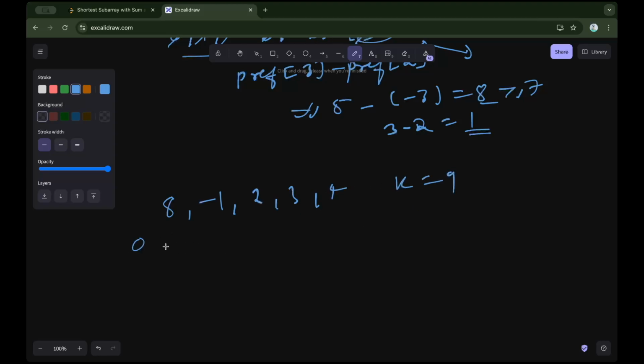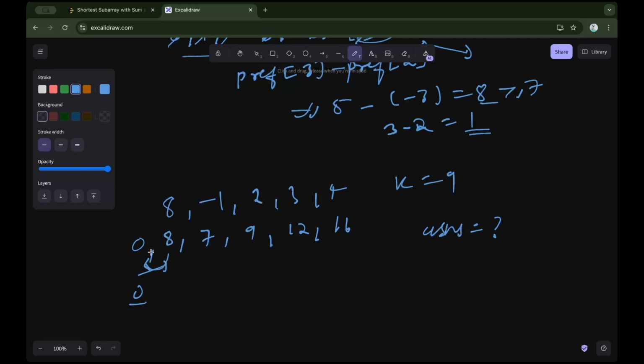So write a prefix for this one. Prefix on 1, 7, 9, 12, and this is 16, right? So initially we have 0 and this is increasing, right? We can check that 8 minus 0 is obviously not greater than 9, so our answer is still nothing.